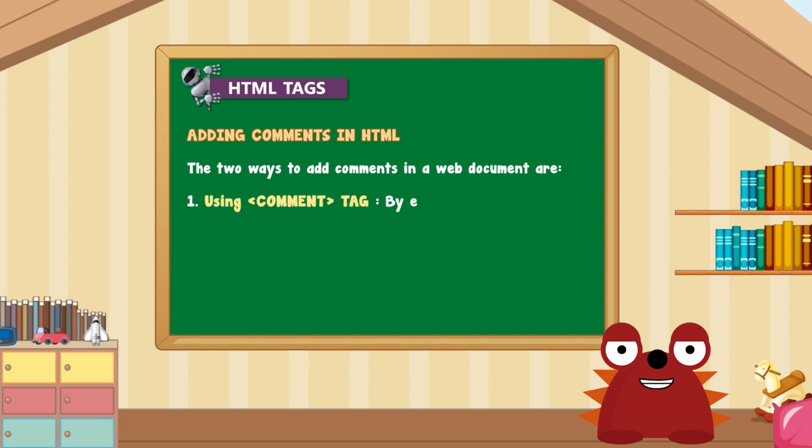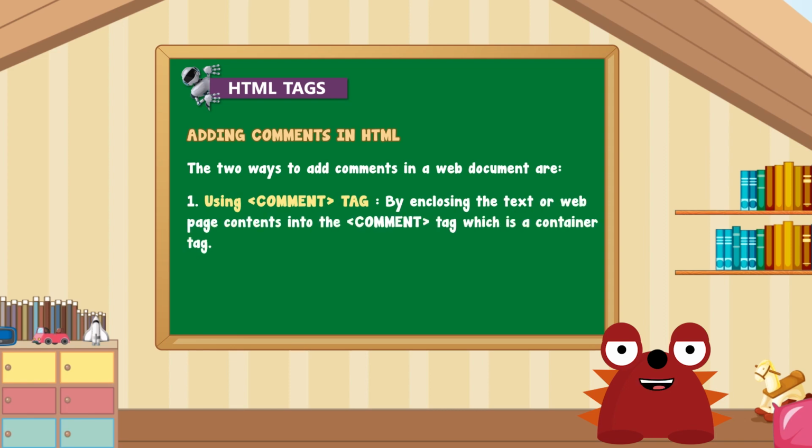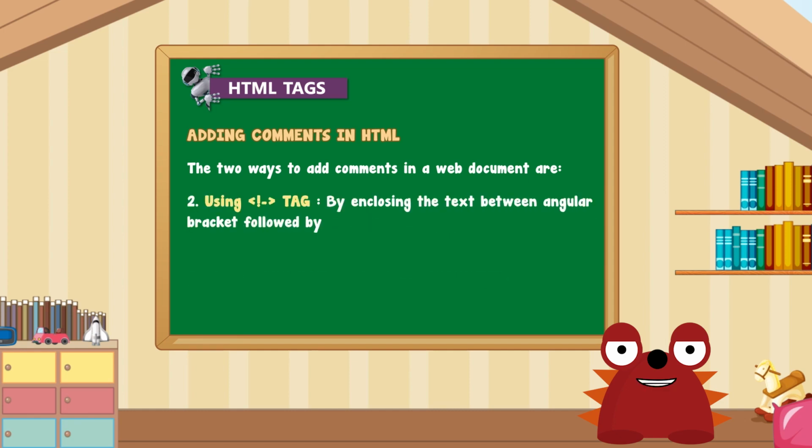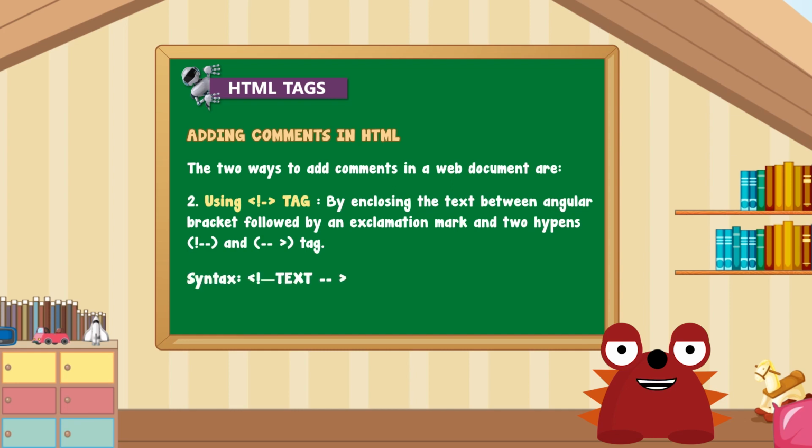First one being to use the comment tag by enclosing the text or web page contents into the comment tag, which is a container tag, the syntax for which is this. The second is using this tag, by enclosing the text between the angular bracket followed by an exclamation mark and two hyphens. And its syntax is this.